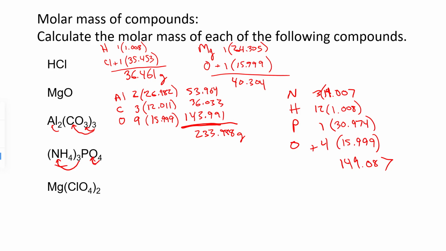All right, last one here, we've got magnesium, chlorine, and oxygen. There's only one magnesium, and magnesium is 24.305. Then there's 2 chlorine. Chlorine is 35.453. Then we have 4 times 2 gives us 8.